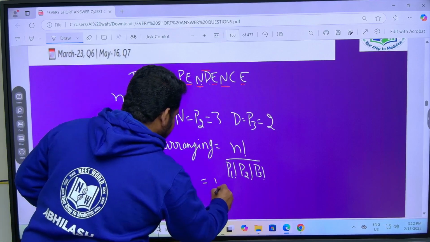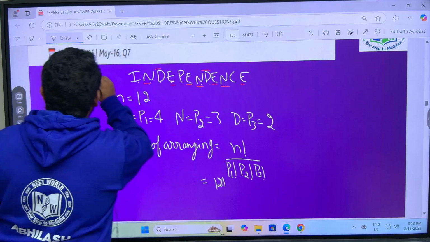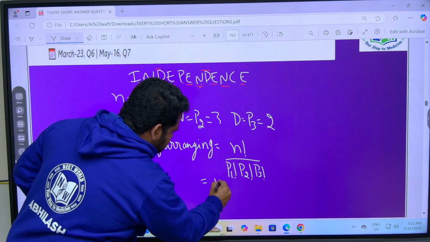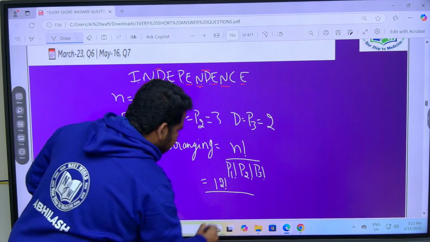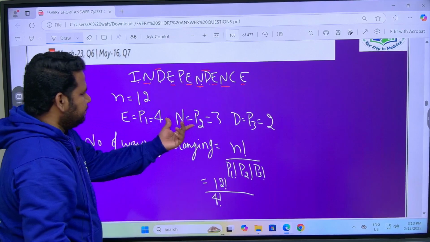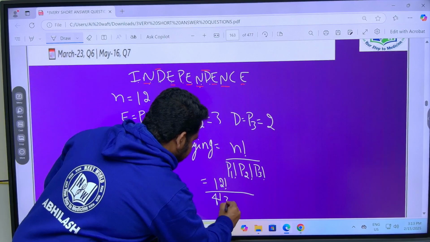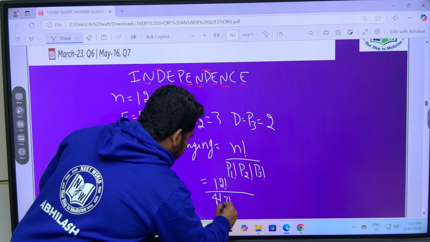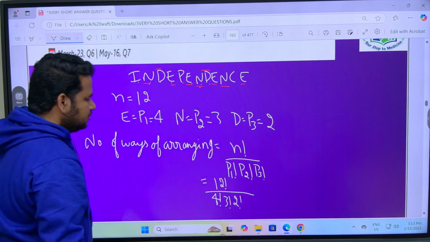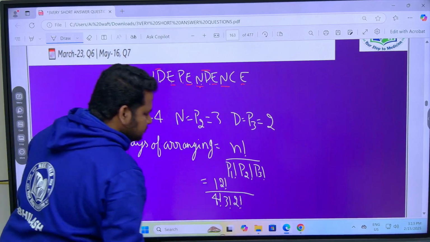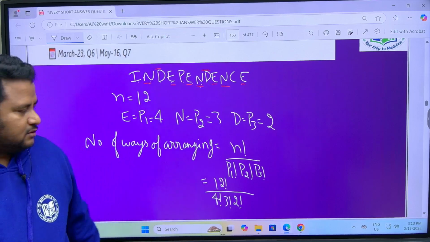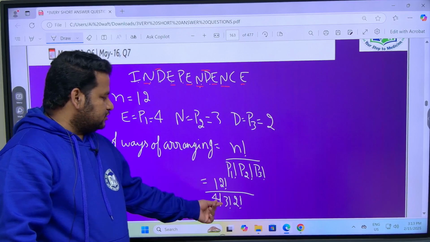It is here 12 factorial divided by, what is P1? P1 is 4, so 4 factorial into P2, which is 3, so 3 factorial. Then what about P3? That is 2, so this will be 2 factorial. So that is the answer, friends: 12 factorial by 4 factorial into 3 factorial into 2 factorial.